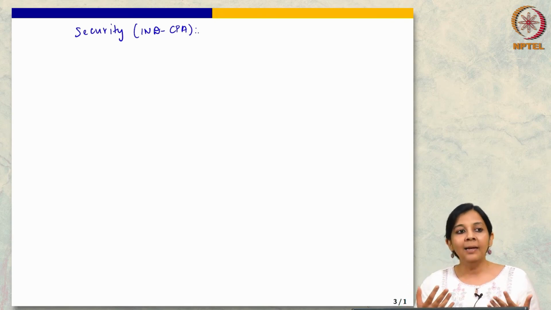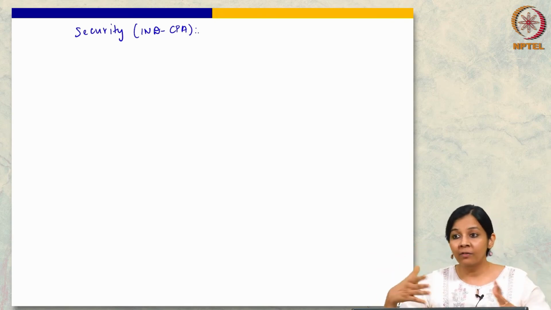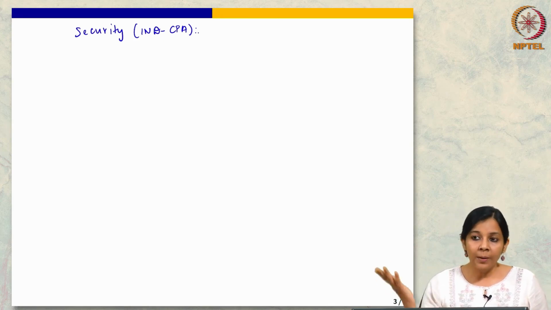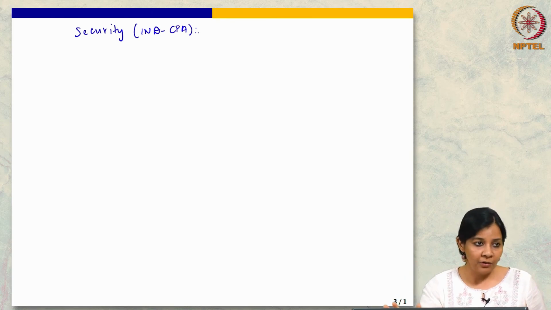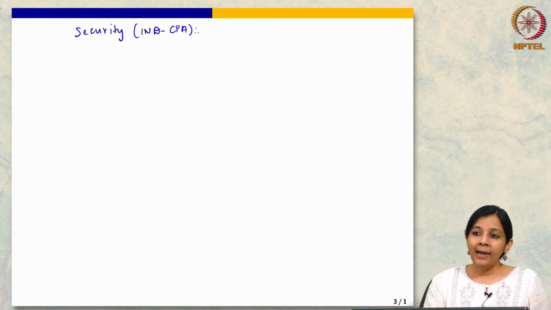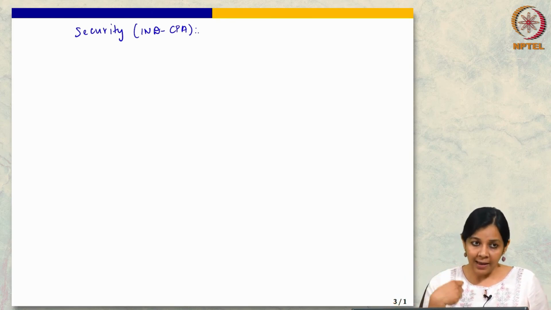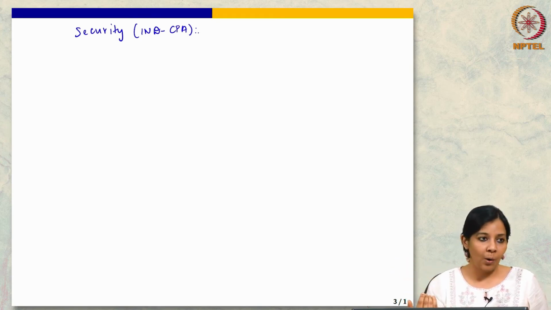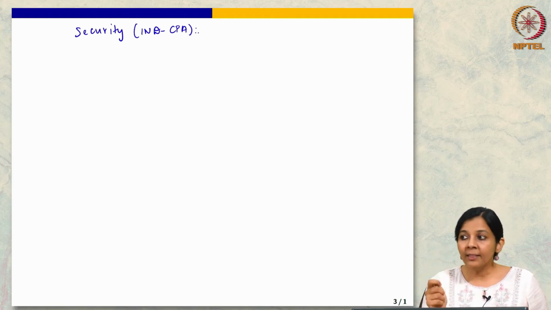You would like the attacker to get whatever information it likes, and you would like it to also be able to choose messages of its choice. So now if as the attacker I choose my two favorite messages, M0 and M1, and I ask you for a ciphertext for any one of them, the only thing I do not know is the bit.